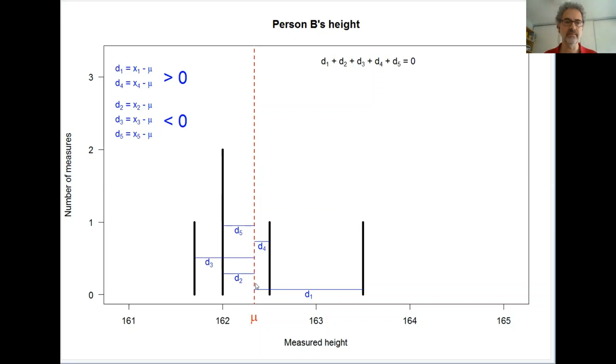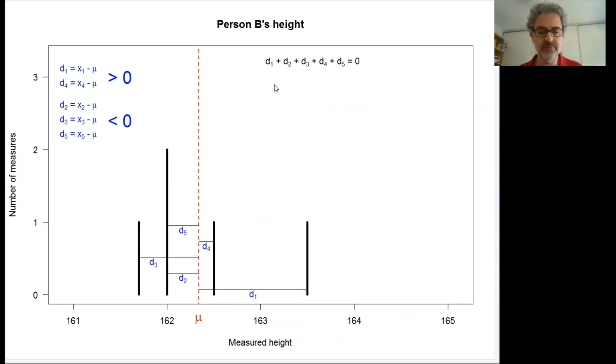So to proceed, all we have to do is substitute the d values from their definitions. So the first distance equals x1 minus mu, the second distance equals x2 minus mu, and of course we retain the demand that this sum has to equal 0.